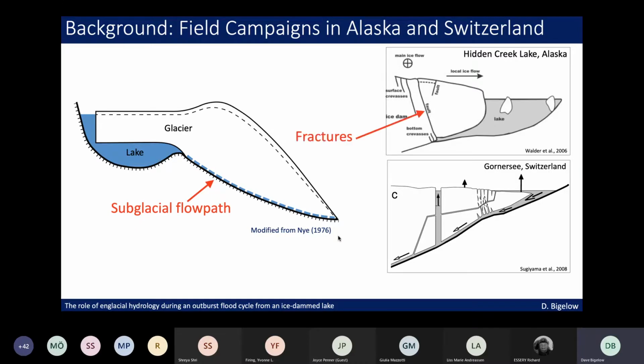A lot of other studies have been conducted on ice marginal lake outburst floods, specifically in Alaska and Switzerland, and they have pointed to the Englacial system, which refers to water contained in fractures or in channels within the ice structure, as a potentially important element, but nobody has really done a major study of the Englacial system during these events.